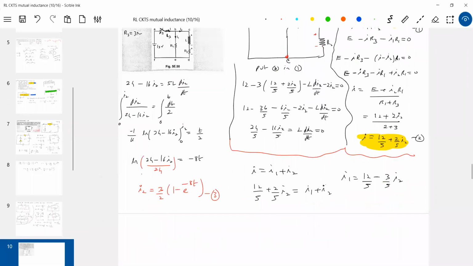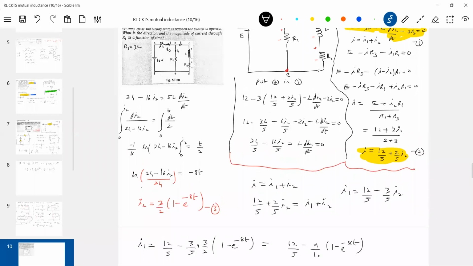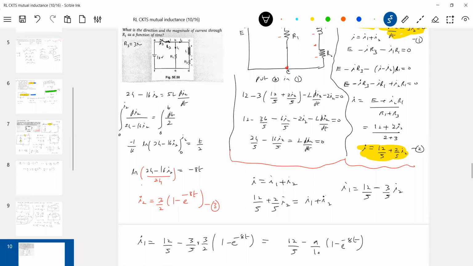This I1 will be 3 by 5, 3 by 2, so 9 by 10. Look at this current through that branch now, will it be a constant? The answer is no.